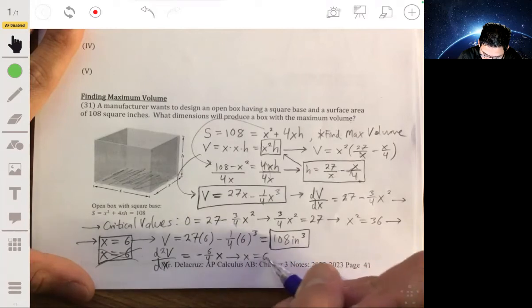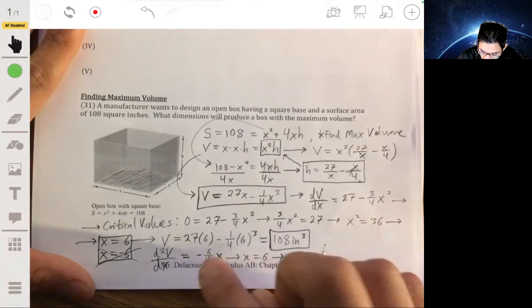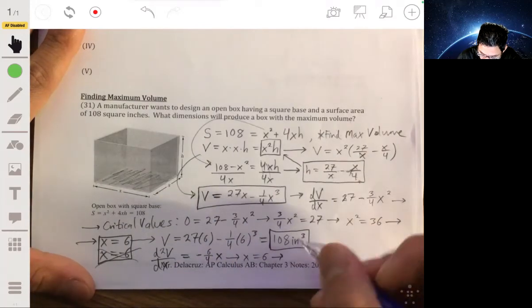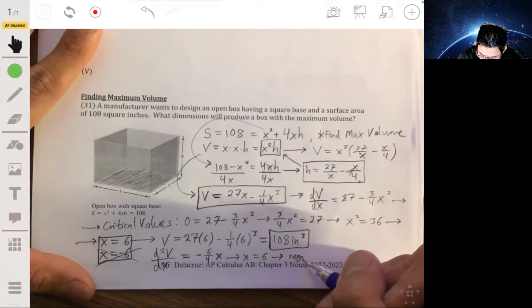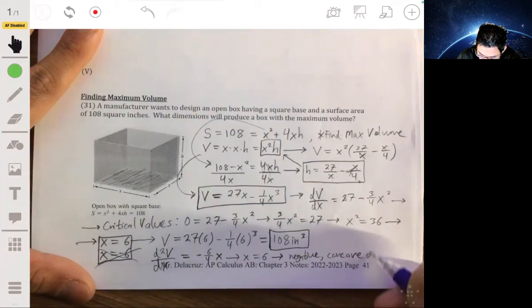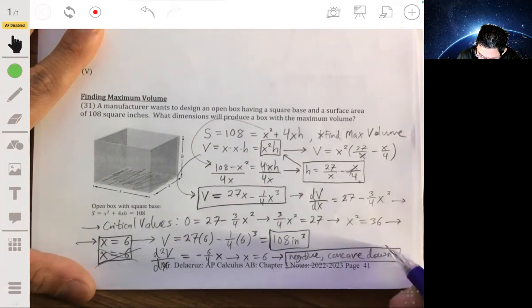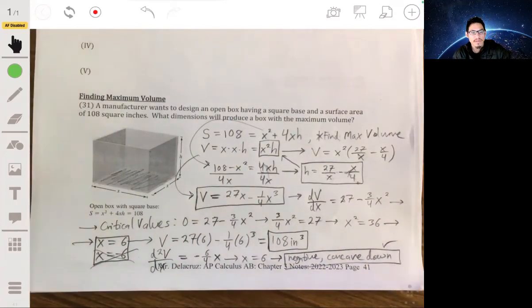And if x equals 6, then the second derivative is going to be negative. Again, it's not necessary to find the exact value, just figure out the sign. So then we know this is going to be a local maximum when x is 6. So then this is definitely going to give us our maximum value.